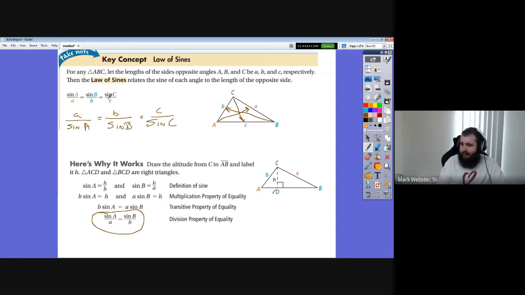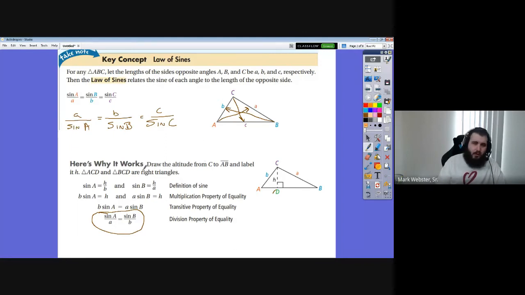You don't need all that. It's just saying that whichever 2 angle side pairs you pick, it always works. So we're not going to be doing all 3 here. We're going to be doing 2.